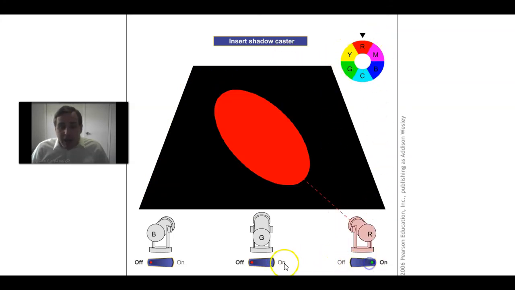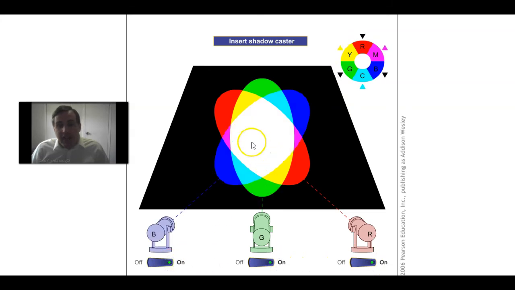Now if I add red, green, and blue all together, notice the triple intersection of them is indeed white light. But you can see where we have the overlap of red and blue, we have magenta. The overlap of red and green, we have yellow. And the overlap of blue and green, we have cyan right there.